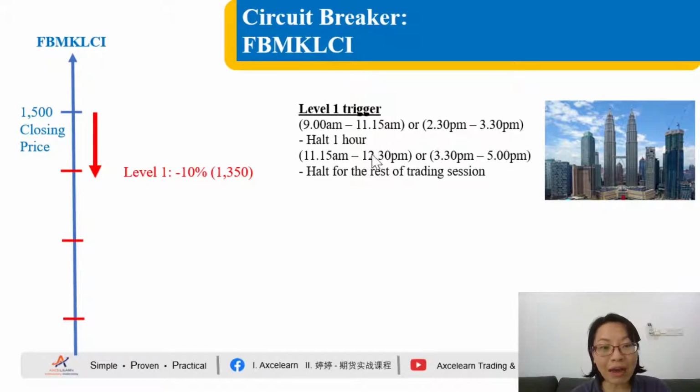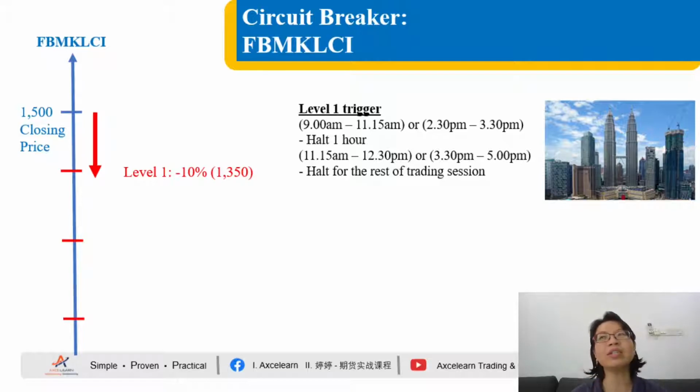But if it is triggered after that, from 11:15 to 12:30, anytime, it will halt for the rest of the trading session. If I'm not mistaken, in 2008, we triggered between 11:15 and 12:30, so we stopped for the remainder of the session. If I'm not mistaken, it was about 11:30. Then in the second half, we continued.